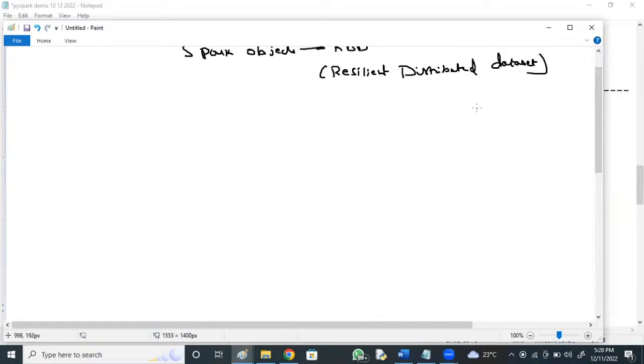Sir, we can use Spark for interactive queries also, right? Yeah, interactive queries also, SQL queries, Spark SQL. Separately, we have a component Spark SQL.